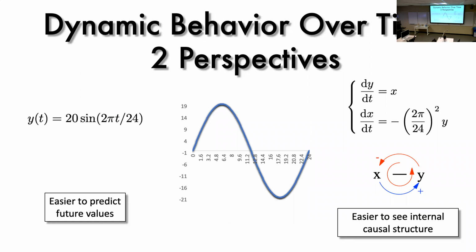Simply knowing where the planet is on any particular day is the first perspective, but trying to understand how it moves through this orbit requires a different perspective, where we need to relate velocity, position, and acceleration. That's this perspective here, where we've got rates of change. And by writing things in terms of rates of change, it illuminates a kind of causal web in the system.